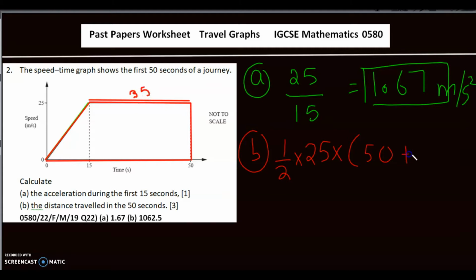So plus 35. Let's see, 0.5 times 25 times 50 plus 35, which gives us 1062.5. This was the distance, so meters.